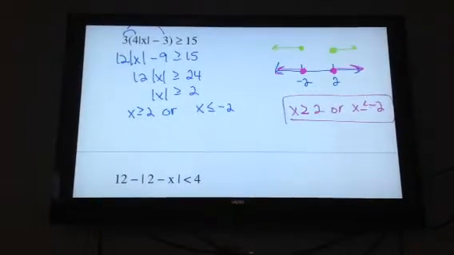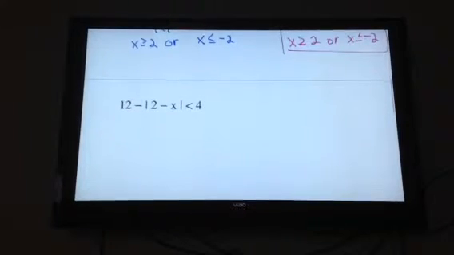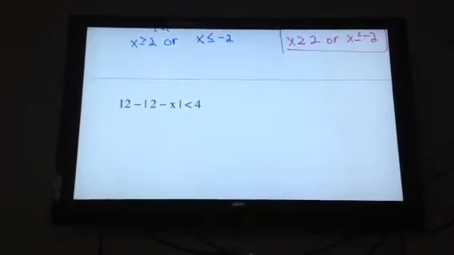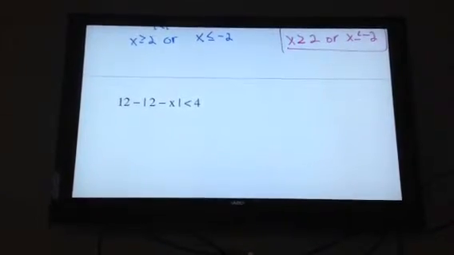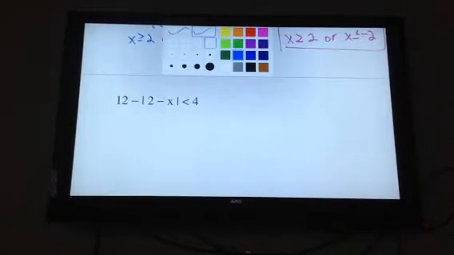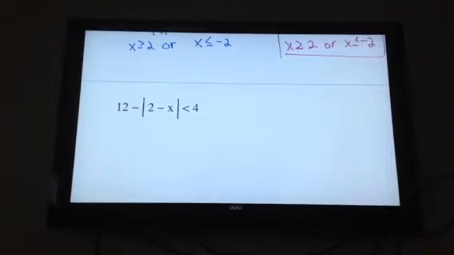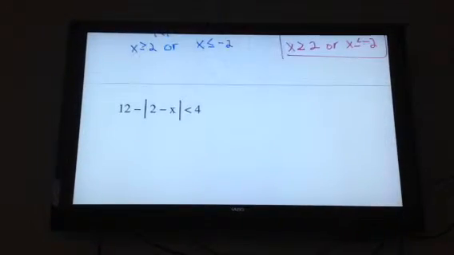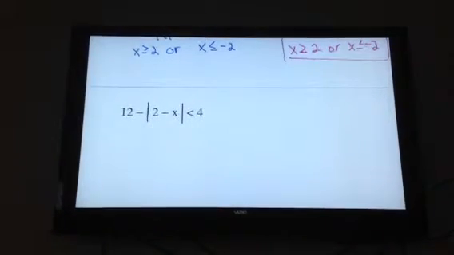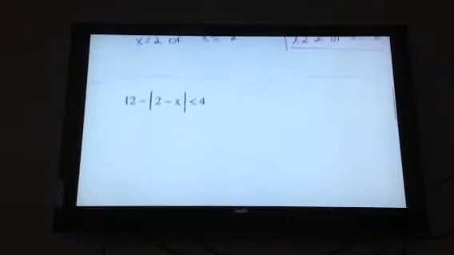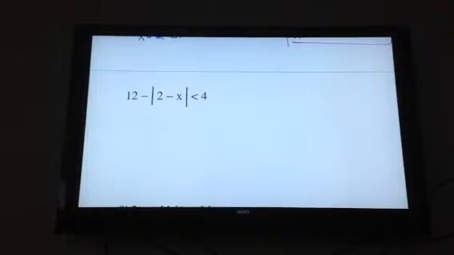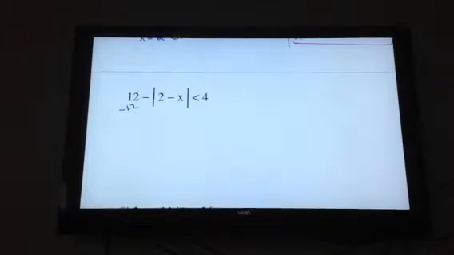My next one looks weird. I should have typed this in equation editor instead of just with my laptop because my absolute value bars aren't very distinct. So I'm going to make them a little more distinct. Those are the absolute value bars. Okay, so I have to isolate that absolute value before I can set up my cases. So my first thing is going to be to subtract this 12.